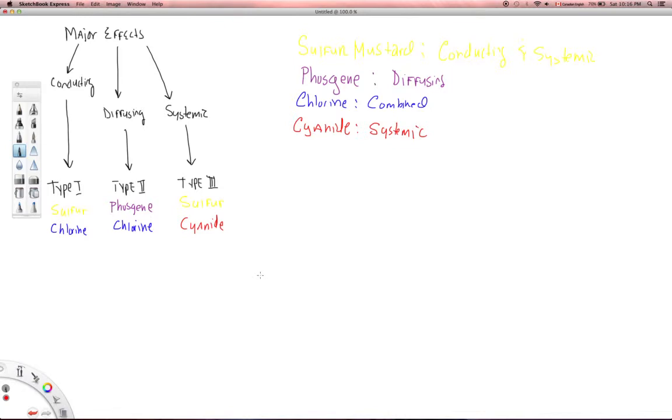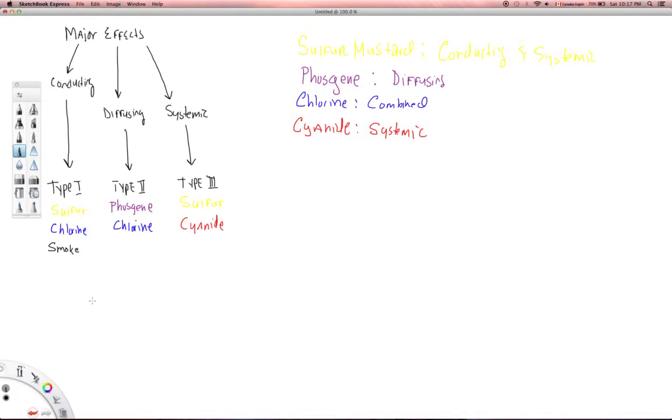Okay, so I think that's a pretty decent way to look at it. What are maybe some other agents? Well, like smoke particles, like heated smoke and heated ash, and larger particles like that are certainly going to be more type 1. We're going to have more type 1 effects.